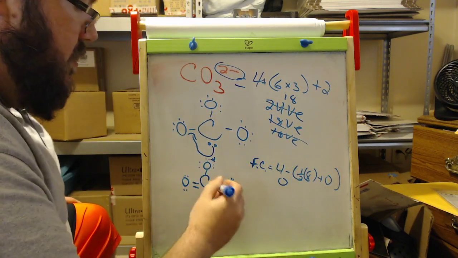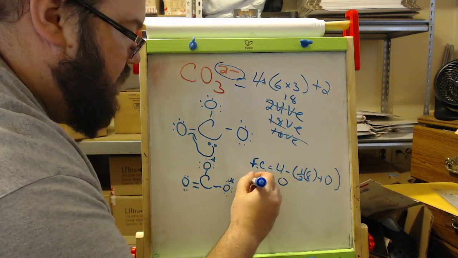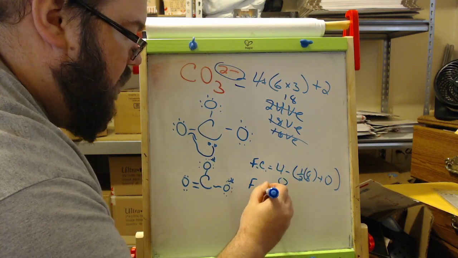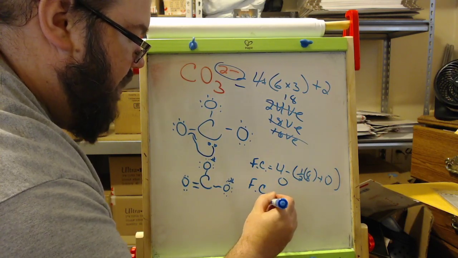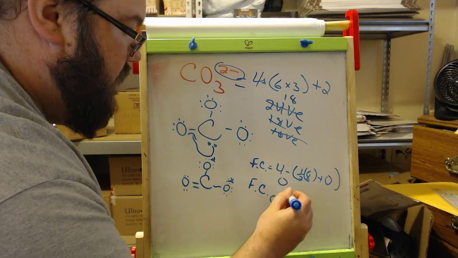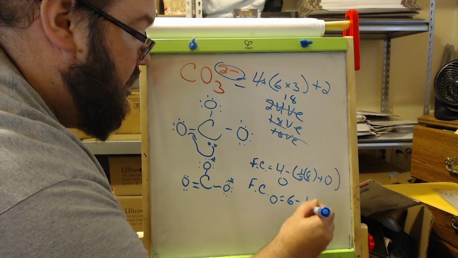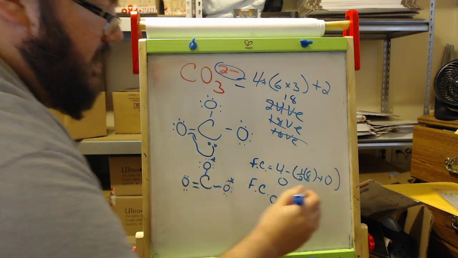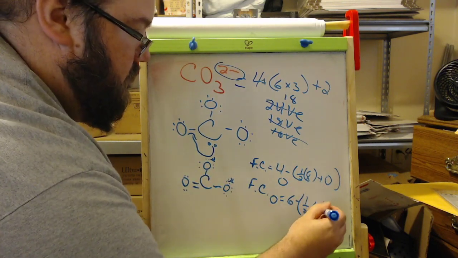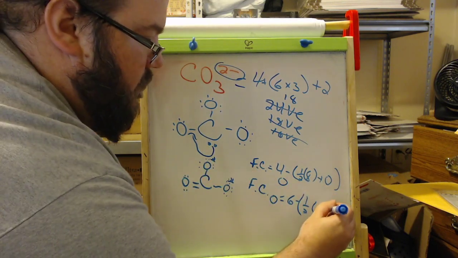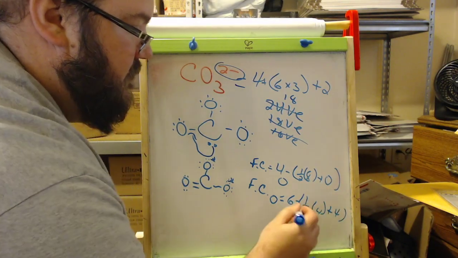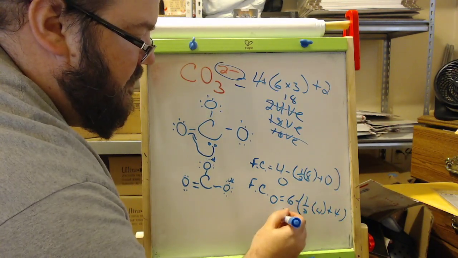That's good. Let's do the double bonded oxygen. Formal charge on oxygen that's double bonded, we won't put a star next to it: 6 minus 1/2 of its bonding, it has 4 bonding, plus its non-bonding, 4. So this will be 6 minus 6, 0.